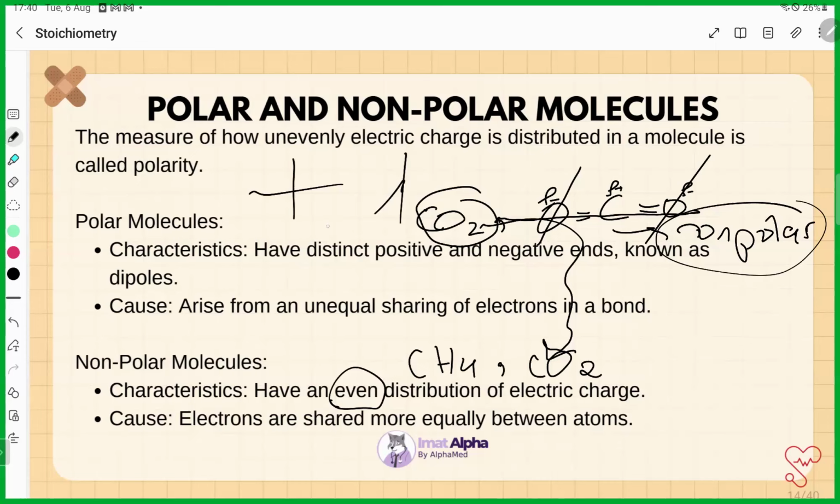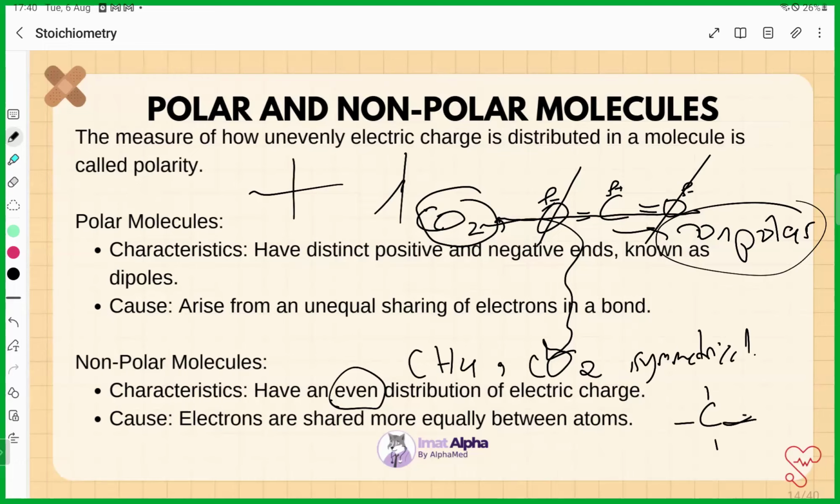If the molecule has a symmetrical shape, it's immediately nonpolar, like CH4. However, when the molecule is asymmetrical, it is immediately a polar molecule. So this is how you can differentiate between them.